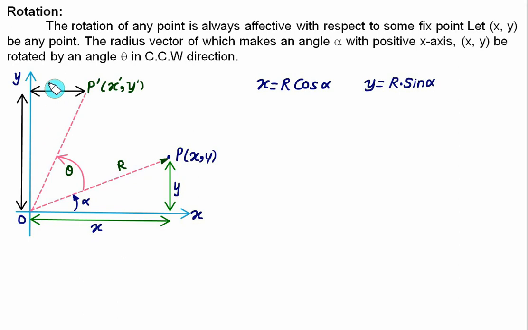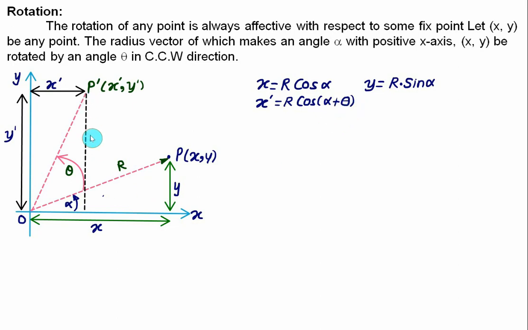Let x prime be the x coordinate of point P prime and y prime the y coordinate. So the total angle transformed here is alpha plus theta. This adjacent side is the same as x prime. The total angle with respect to the positive x-axis is alpha plus theta, so we have x prime is equal to r into cos of alpha plus theta.